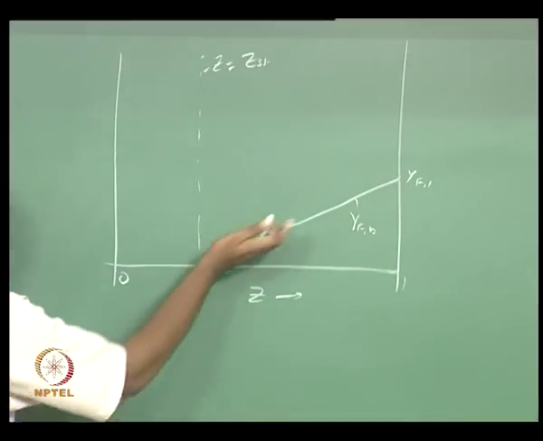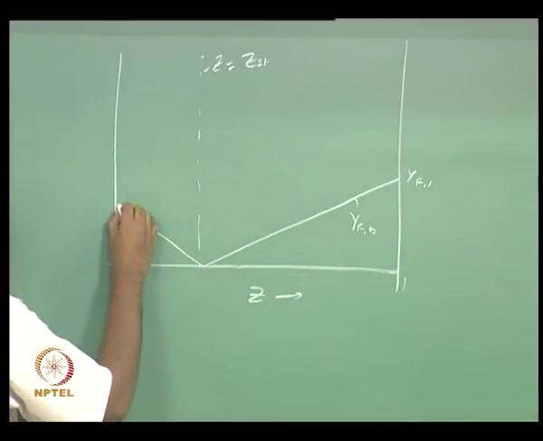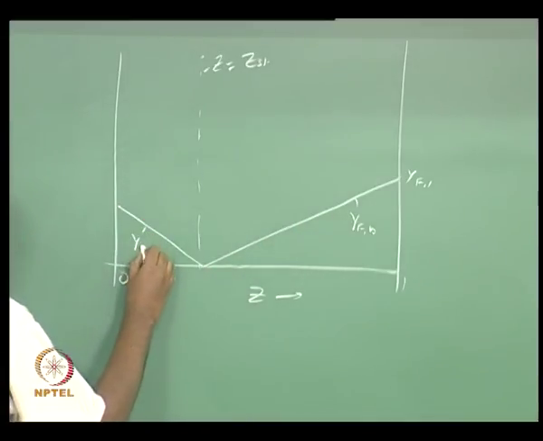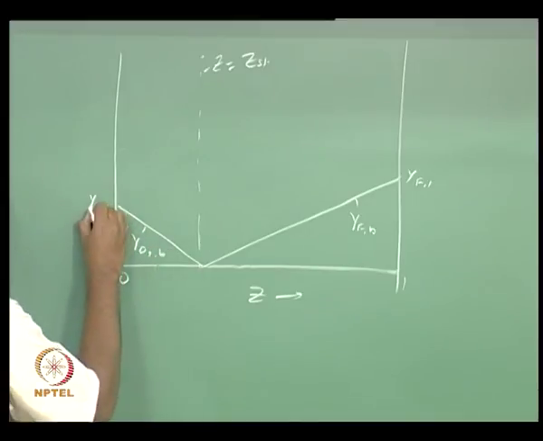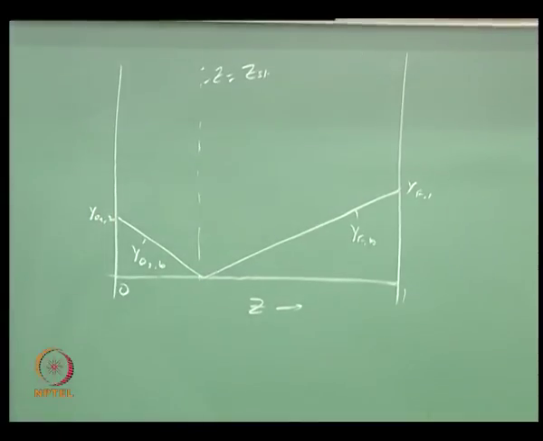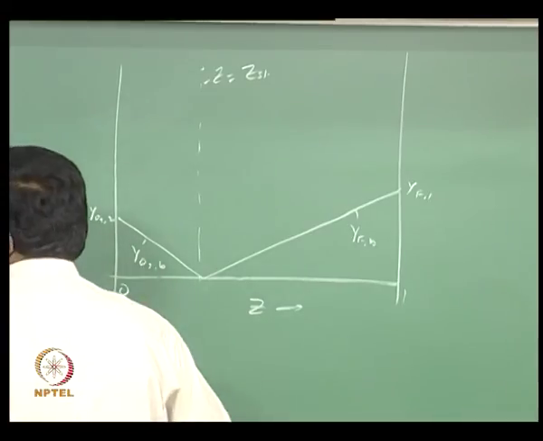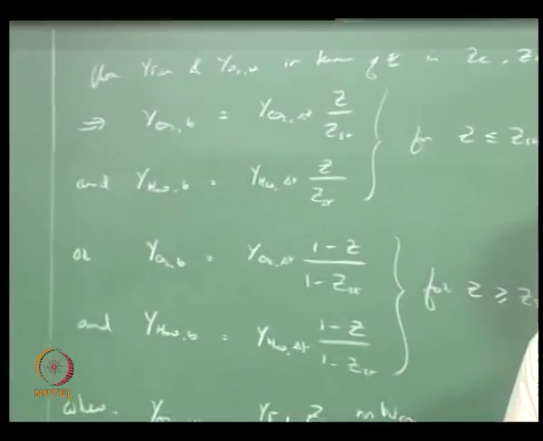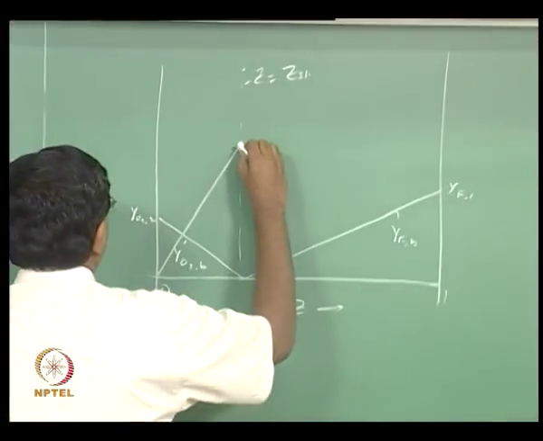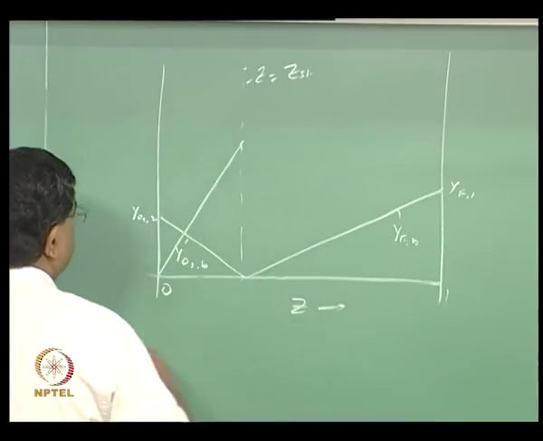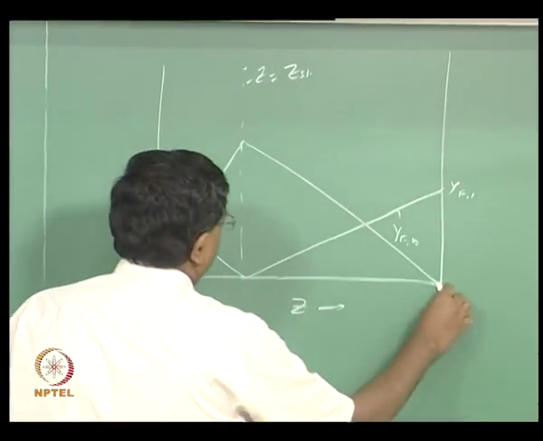This is the excess burnt fuel, and you now have YO2 comma B going all the way up to YO2 comma 2 at Z equal to 0. But what we are looking for now is how this varies. YCO2 goes to a peak value at Z equal to ZST and then comes all the way down to 0.